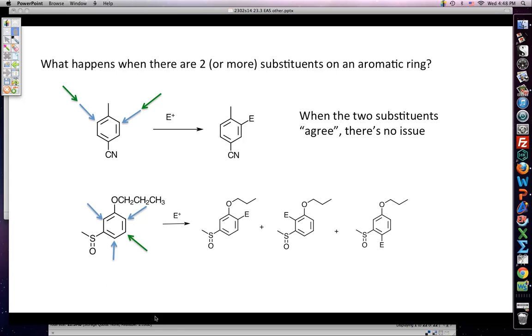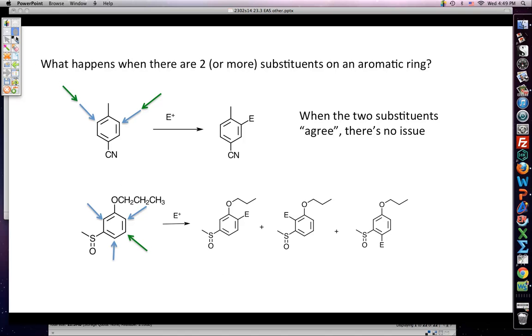Well, the electron donating group, you recall, activates the ring. It's pushing electron density into the ring at these three blue arrow centers. So it stands to reason that those are going to be the fastest places to react, and I'm going to get this product, and this product. Definitely not in equal amounts.